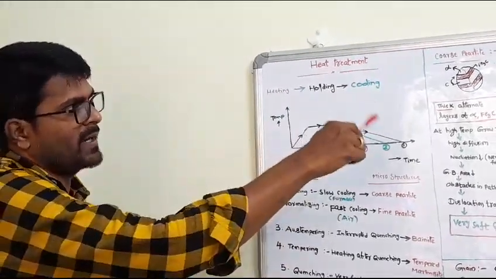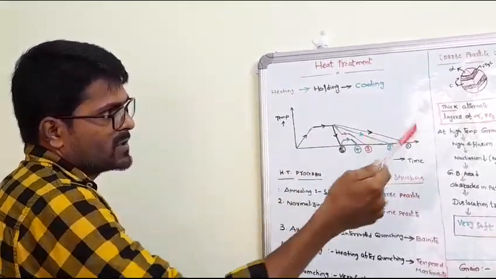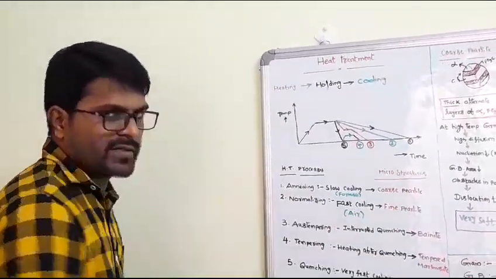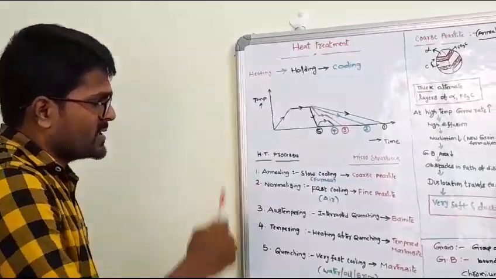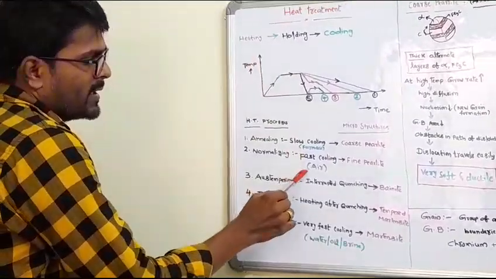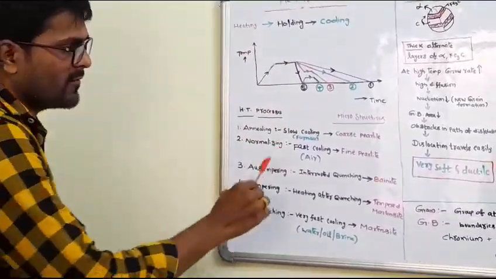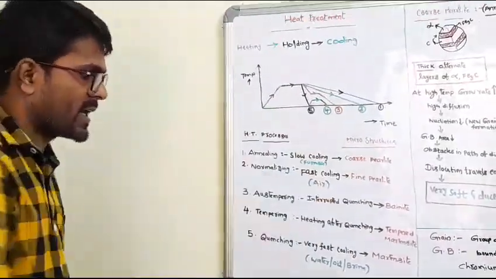After that I will explain in depth about coarse pearlite, fine pearlite, and the other microstructures. The next one is normalizing. In this process we are heating and cooling in air, which is somewhat faster cooling. So we will get a microstructure called fine pearlite.